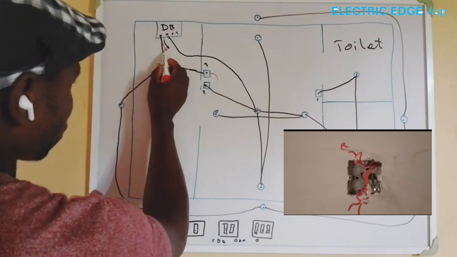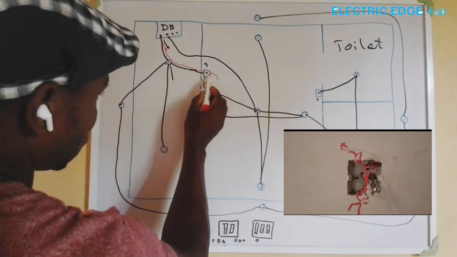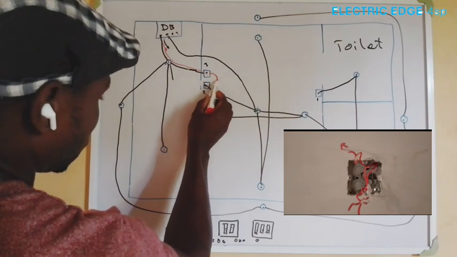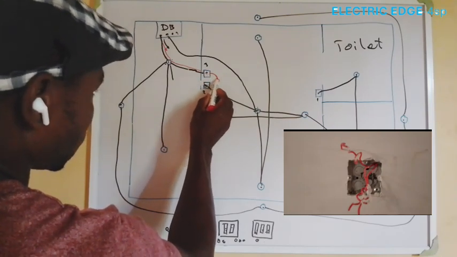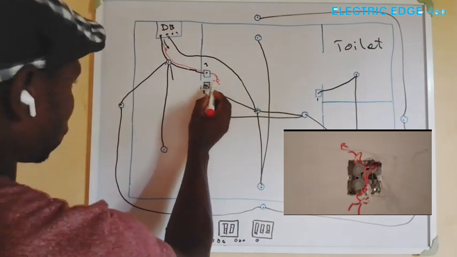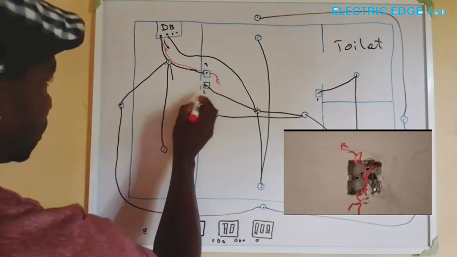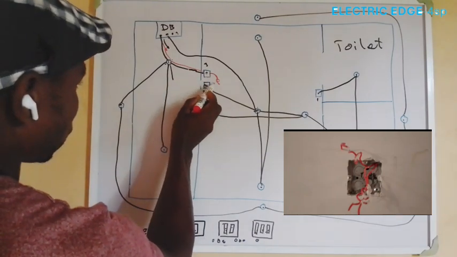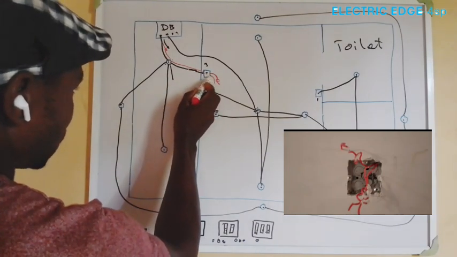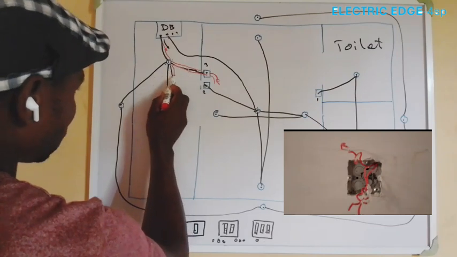Let's say your red is traveling from here, enter this box, travel straight to your switch. This one will be your mains. You can tie a knot, not a permanent knot, or you mark the wire as your mains. Then you put another wire from here with your fishing tape that will come and join this black.